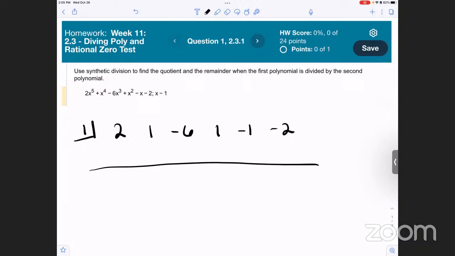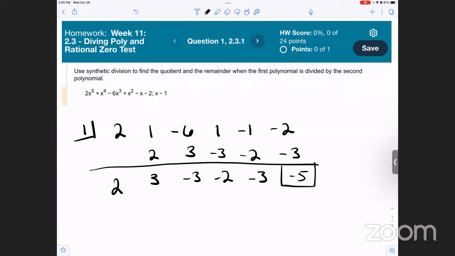If we started with degree 5, we should have 6 numbers: 1, 2, 3, 4, 5, 6. So we don't need any placeholders. The first number just comes down. On the diagonal, we multiply, then we add, multiply, add, multiply, add, multiply, add, multiply, and that adds up to -5, and that's our remainder.